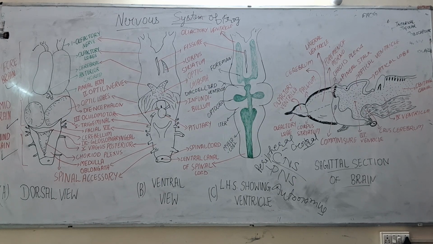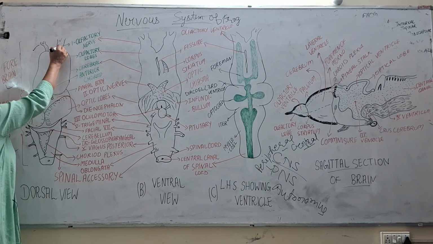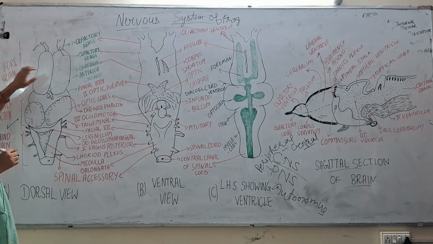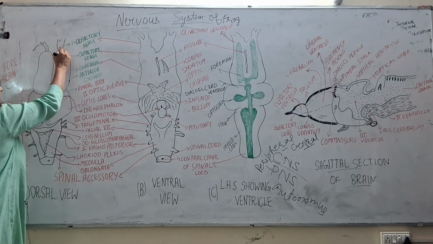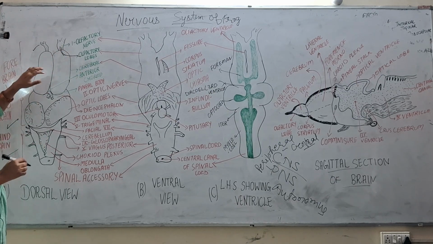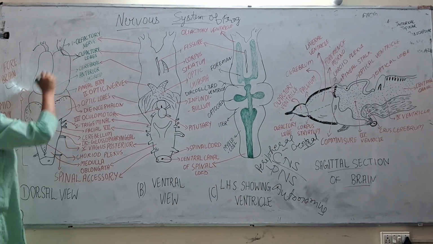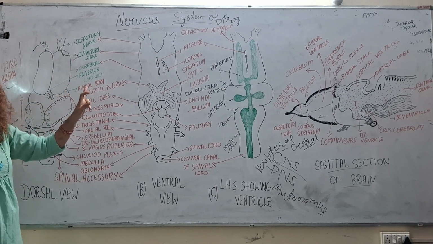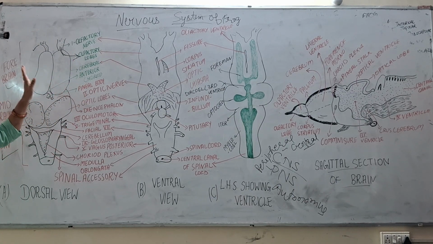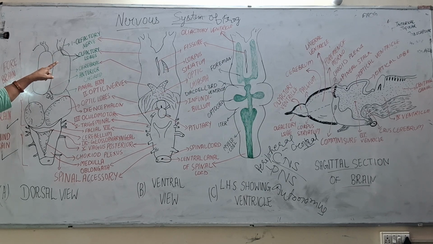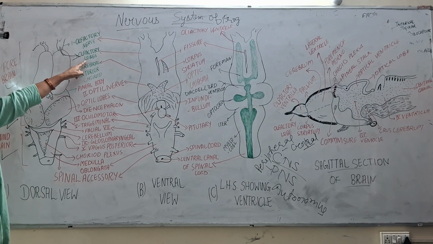Clear? Now the first part of the forebrain is called the olfactory lobe. As its name indicates, the olfactory lobe contains the olfactory nerve.